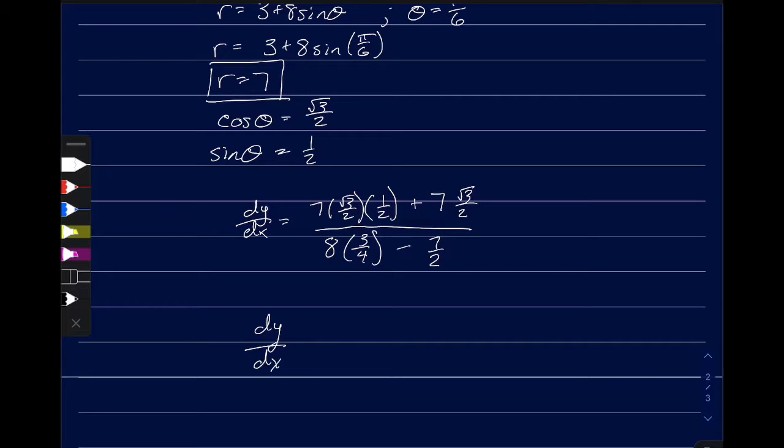And when we finally evaluate this, we get dy/dx is equal to 11 square root of 3 over 5.